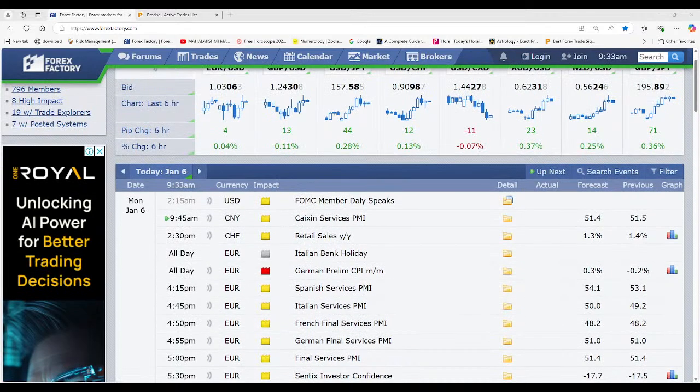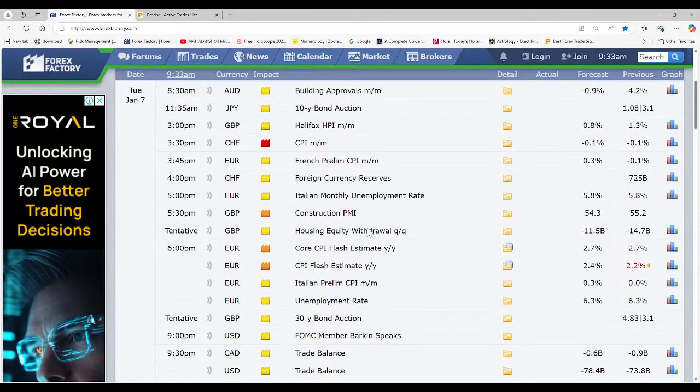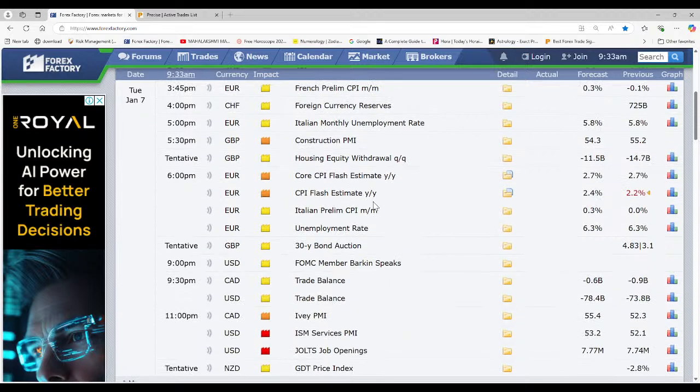Then tomorrow we have the Swiss CPI, and from the pound we have a construction PMI, and from the euro we also have the core CPI flash estimate and CPI flash estimate.